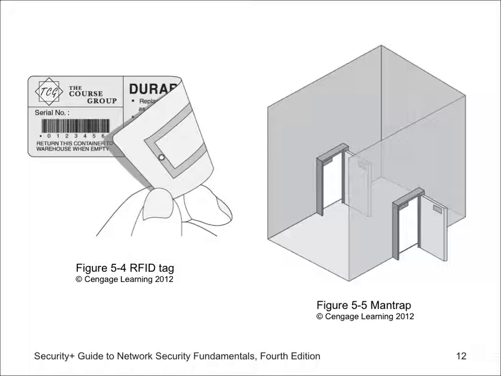There's nothing in the room. The second door, though, can be much harder, and it can lock them in the room. The Mantrap can lock them in. If they try to hack the second door, there's a mechanism that triggers the first door to lock, and you can't get out until security comes or whatever the case may be. Mantraps are used a lot in governmental facilities and military facilities, those two types of facilities for sure.